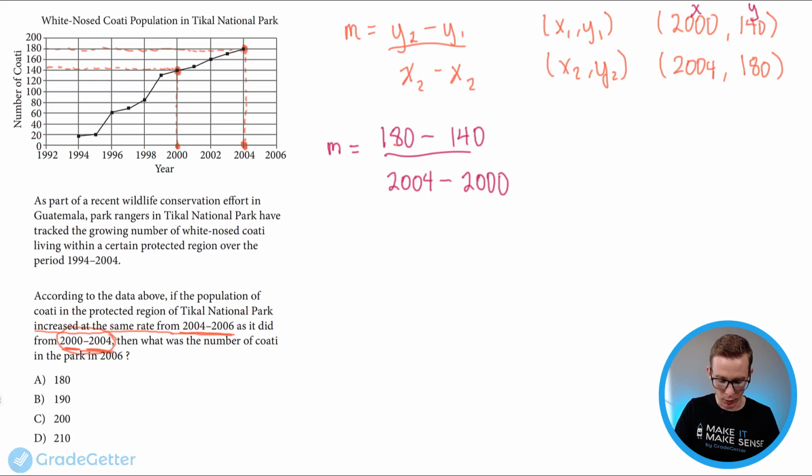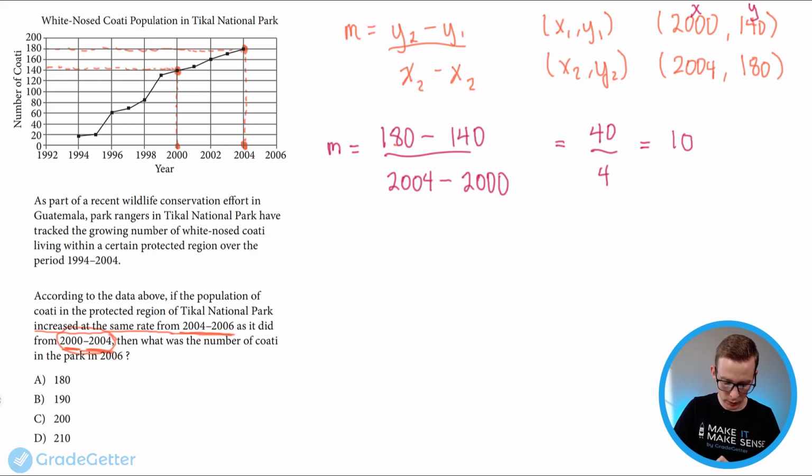Now we just simplify. 180 minus 140 is 40. 2004 minus 2000 is 4. This reduces to 40 over 4 is just 10. So a slope of 10.